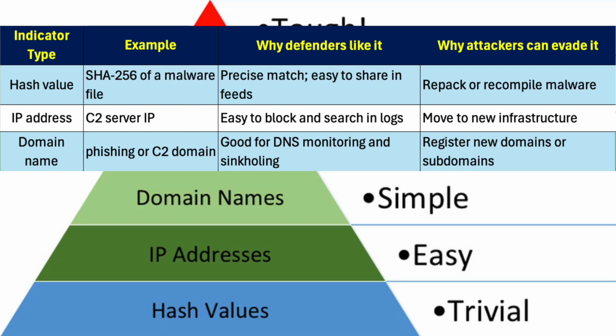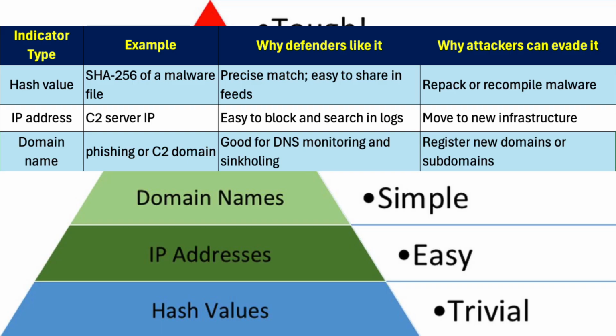However, this is also where the limitation becomes obvious. Behavioral IOC research has shown that the indicators most organizations use are often the easiest to operationalize, not the most durable. Attackers can change a hash by recompiling a sample. They can change an IP by moving infrastructure. They can abandon a domain and register another one.